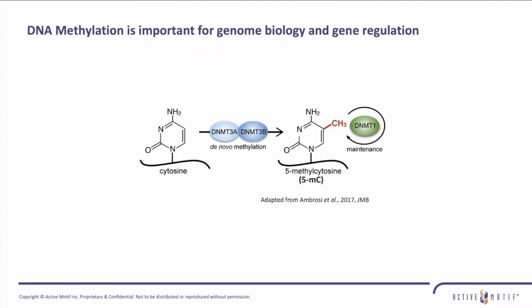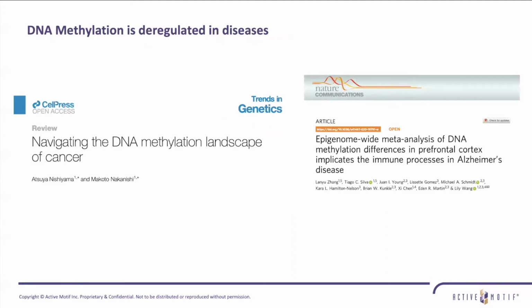And so it goes without saying that DNA methylation is very important for gene regulation, but also genome biology, such as DNA damage repair and DNA recombination. It's not surprising, therefore, that DNA methylation is also deregulated in diseases.